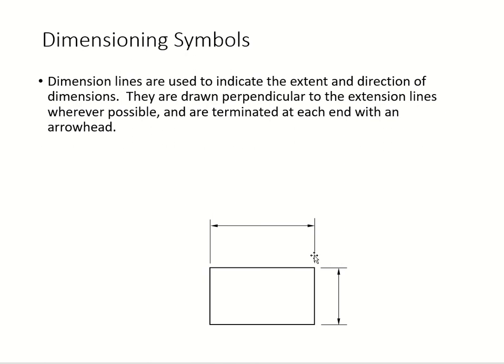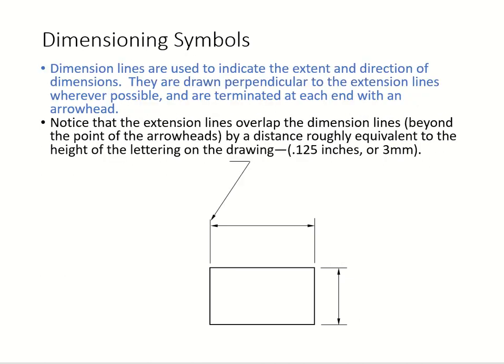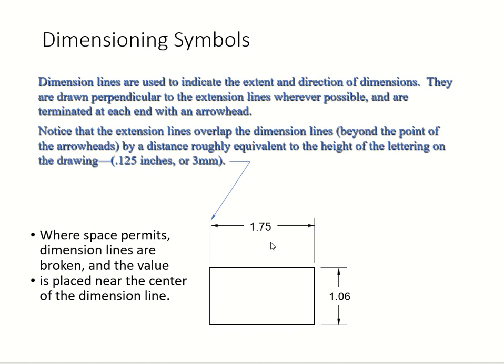Of course when I correct your answer, I check this and I check that. This has to be smaller than this: from the end of the arrowhead to the end of the extension line has to be twice the little gap. At least I check that. Okay, now we're going to put the value.